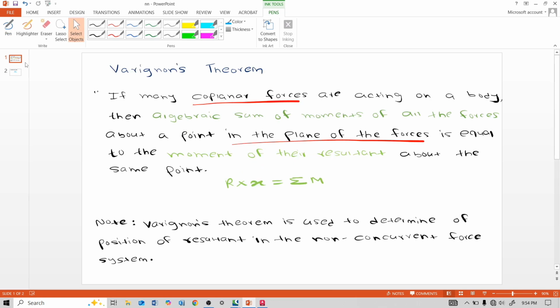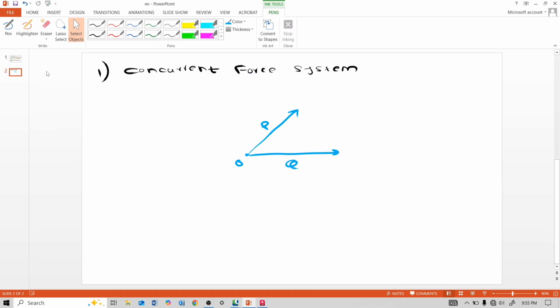See here, we saw that Varignon's theorem is to determine the position of the resultant in the non-concurrent force system. But here, in the concurrent force system also, we will see the proof with the help of the concurrent force system.